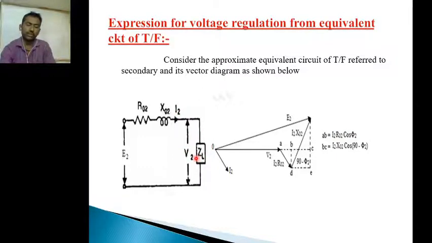In this load we have the V2 terminal voltage and the secondary current I2. By drawing the phasor diagram for this, E2 is the combination of I2 into R02 plus I2 into X02 plus V2. So first I write V2.